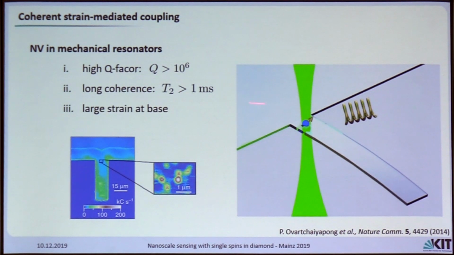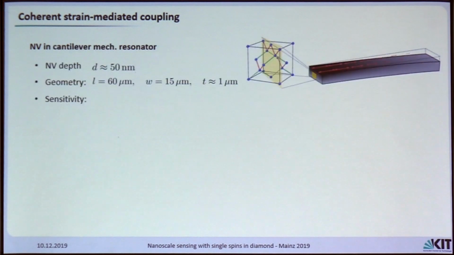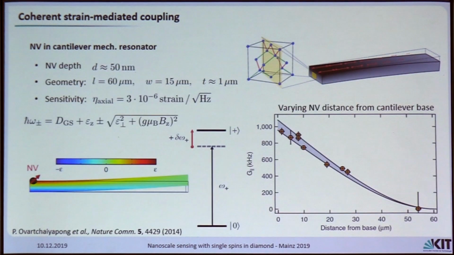And at the base, of course, the strain is also very large. And here it's just an image where you see that the group out of Basel, the Maletinsky group, implemented NV centers here in the base, and were also able to see those. And so it's just very quickly again sensing with these beams.